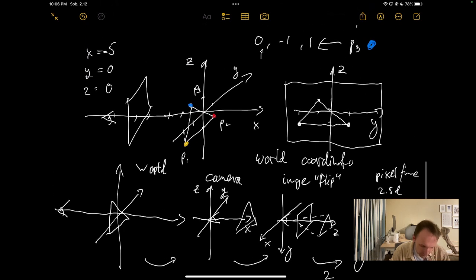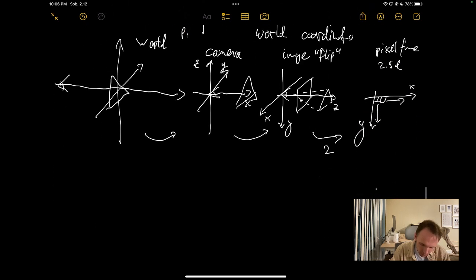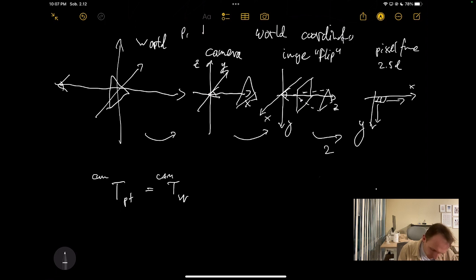So let's maybe work our way. First, a reminder. Let's say that we have the point and we want to have the point in camera. How do we do this? So we need camera here, and then we have world in camera. This is the inverse of the camera in world, which is pretty much just the pose of the camera.